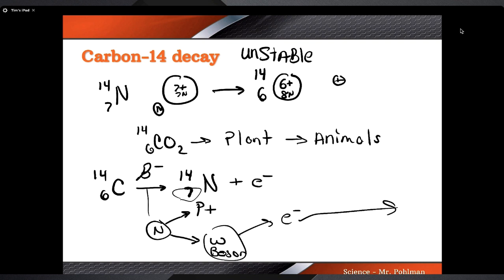So you get that high-energy electron that's also produced from this. Now maybe next year, if you have some more time, Mr. Arnold will talk more about radioactive decay with you, but I hope this is at least a snapshot of what it is.